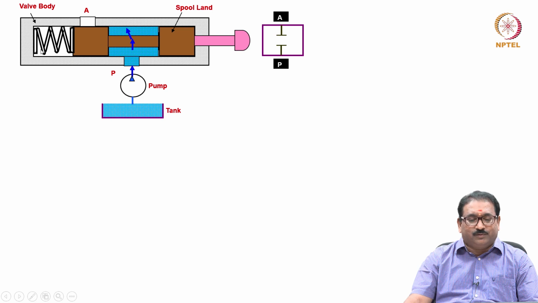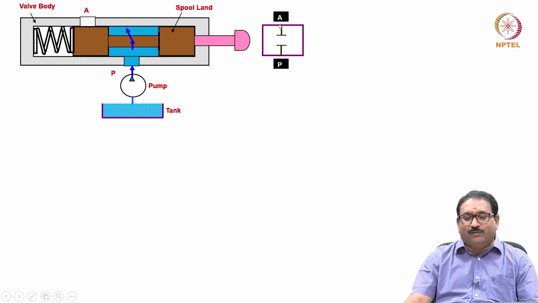How is it achieved, friends? One stiff spring is fitted on the other side of the spool valve as shown here. Using this stiff spring, the spool land always closes A. This is represented in the first valve position: P is not sending, A is not receiving flow.